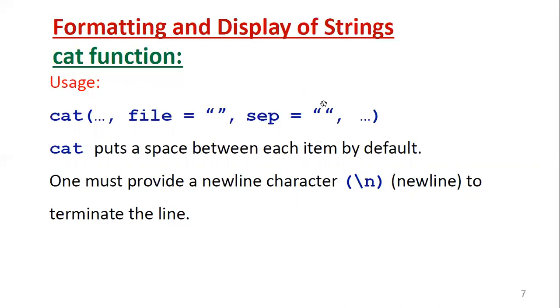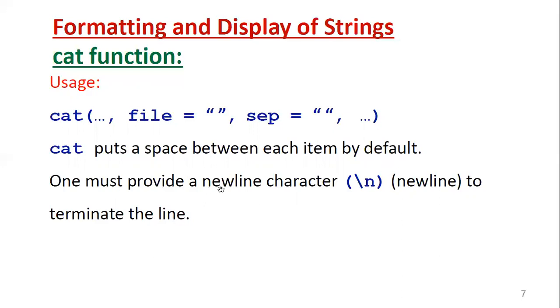Here cat puts a space between each item by default. Whenever you are combining various strings using the cat function, by default it provides a space between each and every item.